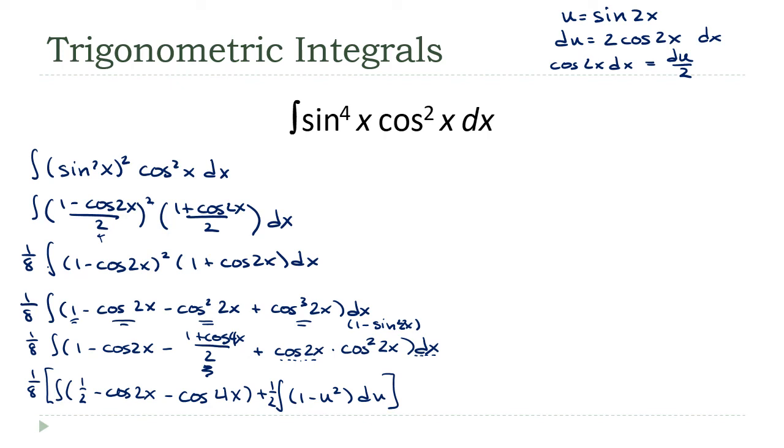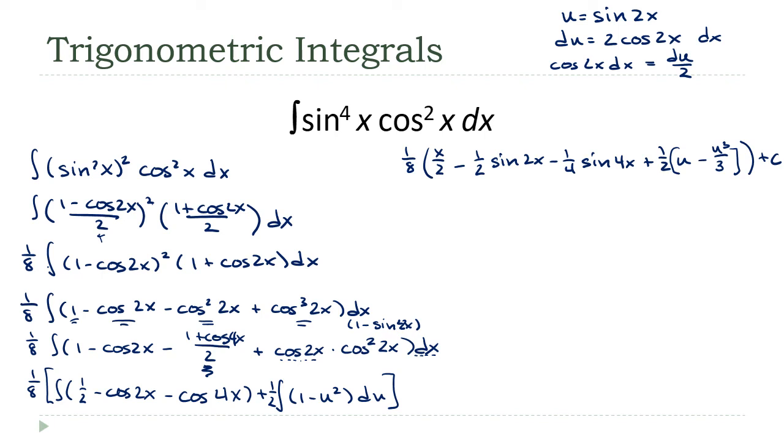All right, so let's see if we can get all these integrals going here. This is 1/8 times x over 2 minus 1/2 sine 2x minus 1/4 sine 4x plus 1/2 times u minus u cubed over 3. And I'm just going to put a big constant out here at the end where I don't have to worry about it.